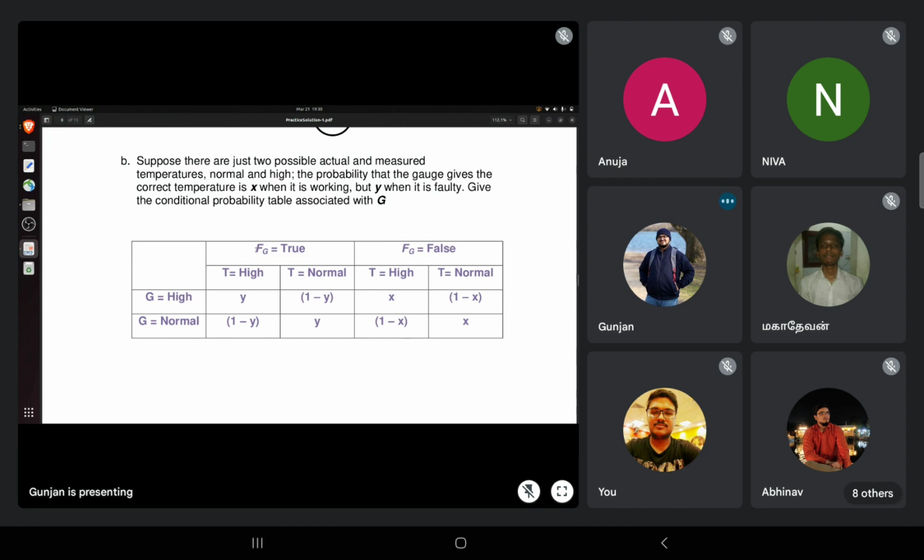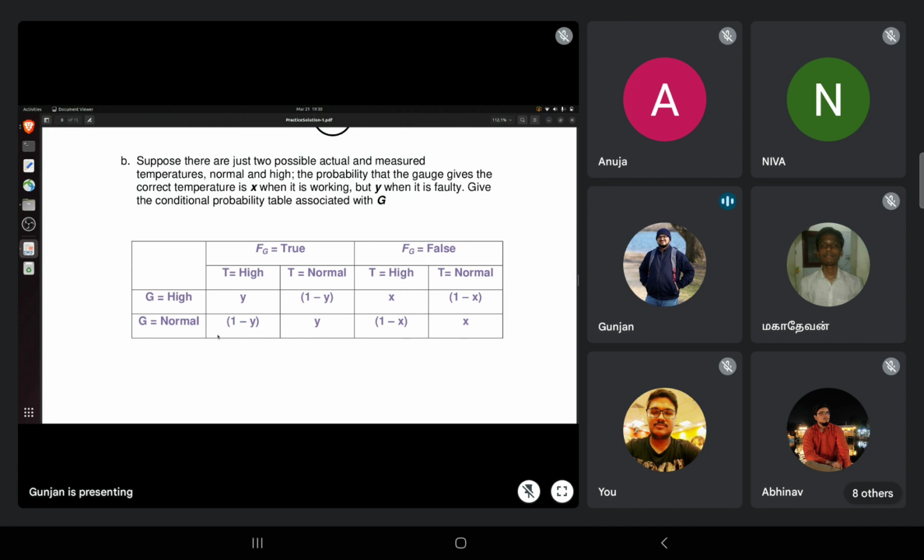Now, if the gauge is faulty and for higher temperature the gauge's reading is also high, it means that the reading is not correct, and that is with probability Y. So even when temperature is high, if the gauge is reporting it high and it is actually faulty, this will be Y. But when temperature is normal and it is reporting it as high, that will be with 1 minus Y, because that is actually the opposite reading it is giving.